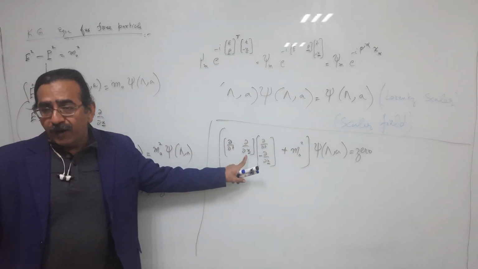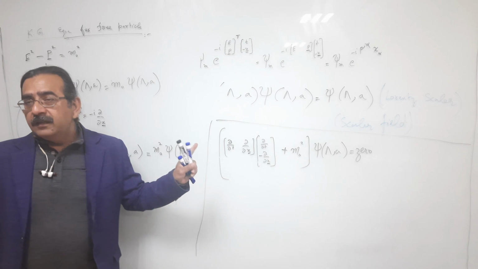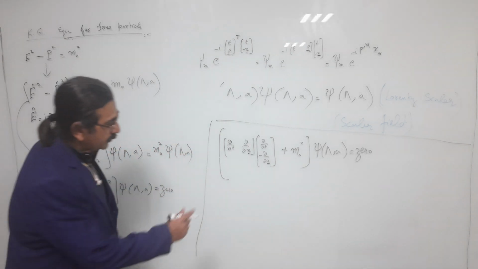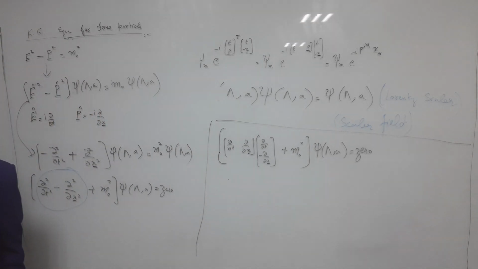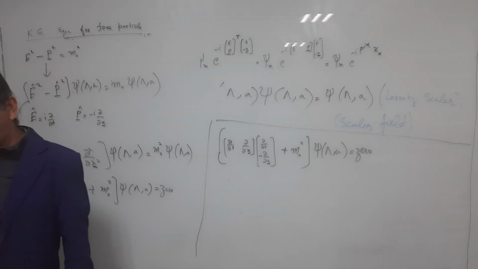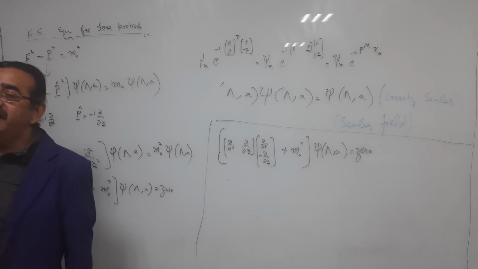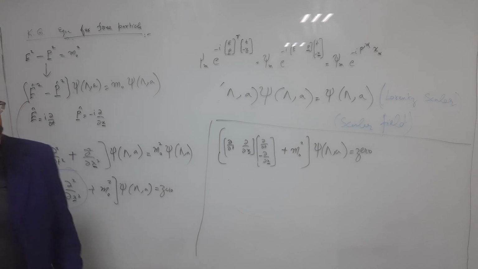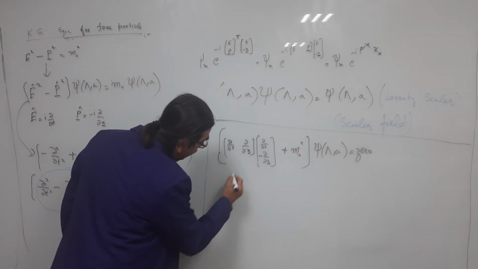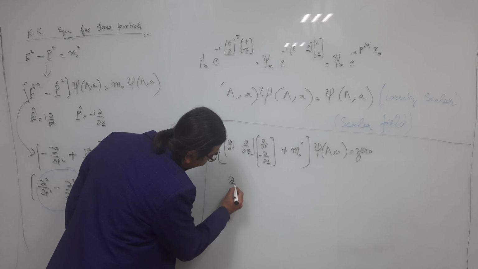If both are positive in the numerator, they will be contravariant. If both are negative in the denominator, then that will be covariant. You may say this is partial over partial x alpha.